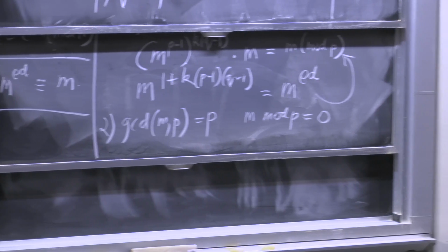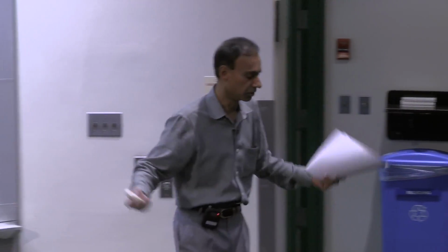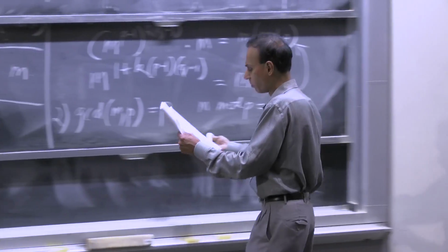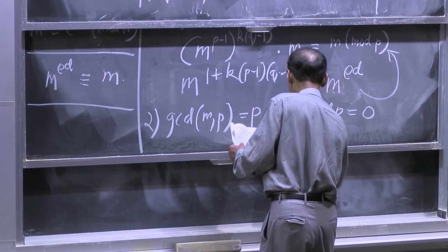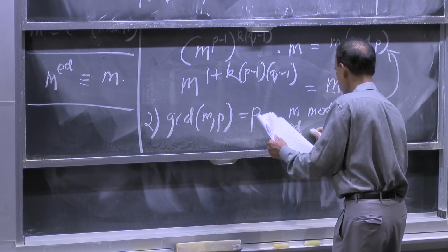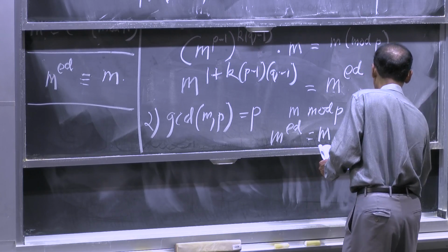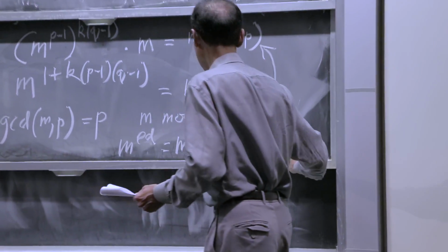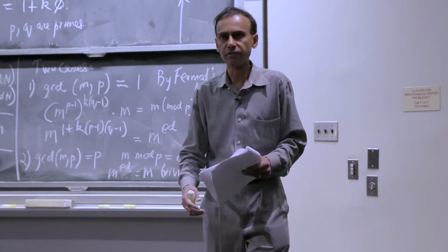And so you're sending a message that's essentially 0 mod p, and when you decrypt it on that side, you get 0. But the one last line here is simply that m raised to ed is m trivially, all of this mod p if m is 0, right? So that was the easy case.